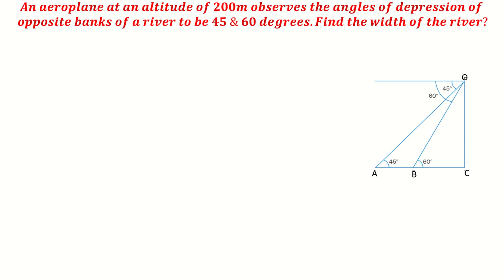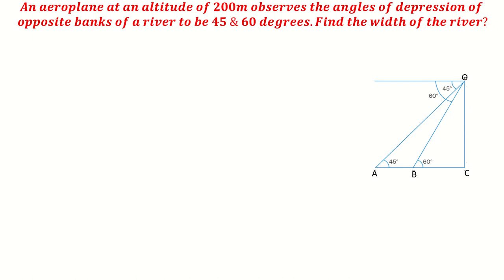In that case, the position of C will be in between A and B. That means the aeroplane is on top, between the river basically, and from the plane he is observing two angles on the two sides of the plane. But that is not given here. So in this case the river is on one side of the plane, and he is observing two opposite banks of the river as angle of depression 45 and 60 degrees. So this is the picture drawn.